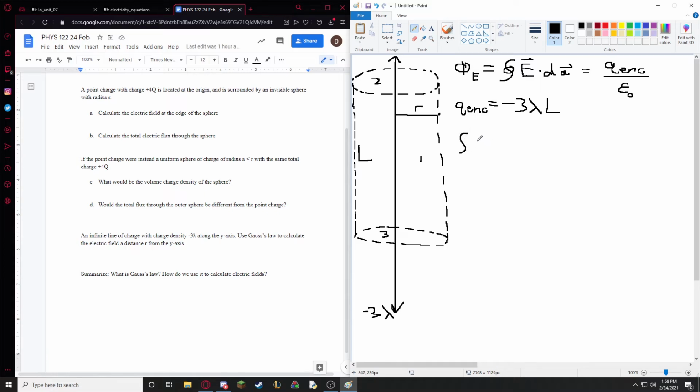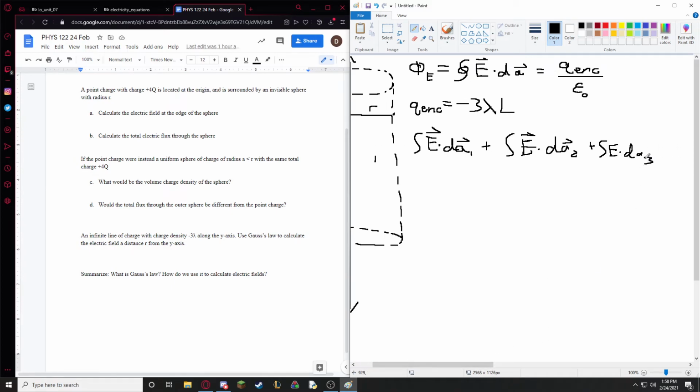We'll say part 1, which is our integral of E dot dA1, which is around the part that's surrounding the line of charge, the part of the cylinder that's not the 2 end caps, plus our integral of E dot dA2, which is for the top, plus our integral of E dot dA3 for the bottom.